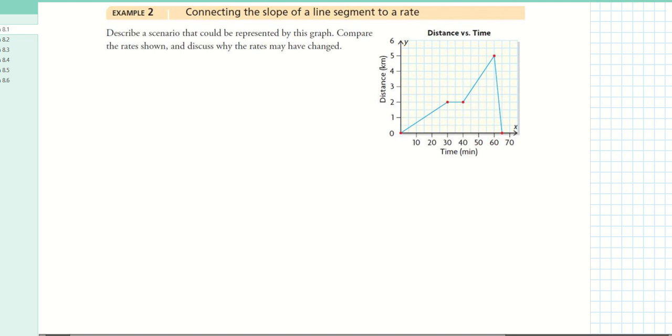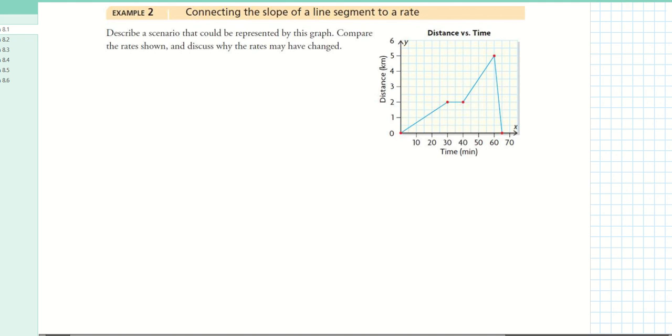Because you're given a graph, what we're going to do is compare the rate. In order to compare the rate, we have to look at the slope of the line. Because this is Math 11, we can look at the graph and find the slope quickly. If you already have a graph, that's the quickest way: find the change in y, change in x, and then find the slope.